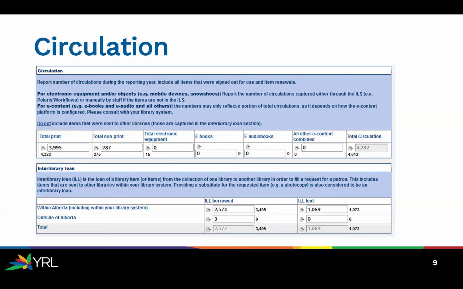We know that sometimes libraries do sort of ad hoc lending to libraries outside of the province. So right now, feel free to use the data in the report, but if this is something that you keep track of, you can also add this manually. You can do estimations based on a period of time if you're keeping track of some of this information.